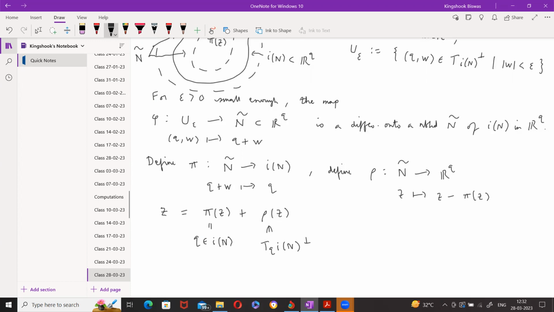So now any Z I can write as pi Z plus rho Z. This pi Z is the Q and this rho Z is the W. So let's note that the identity map is equal to pi plus rho. Therefore, if I take derivatives, I get that identity is equal to d pi plus d rho.